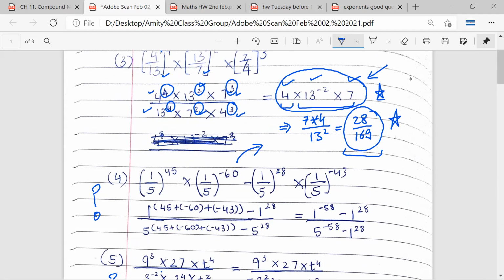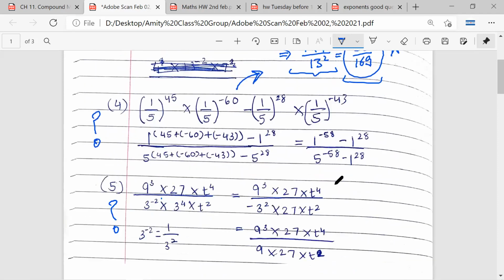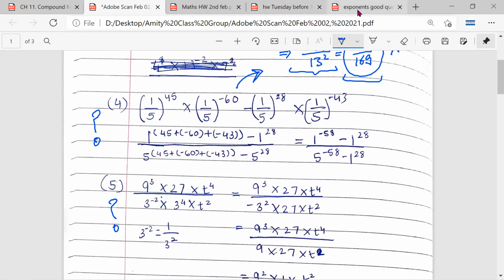What I want to see from the student when I put a question like this is whether the student understands the rules of exponents or not. And if you still have a doubt, you can ask your teacher whether he wants the final answer or not. I've told you, if I was a teacher, I would be happy enough if the answer was left like this. Sanvi, any doubt? No. Okay.